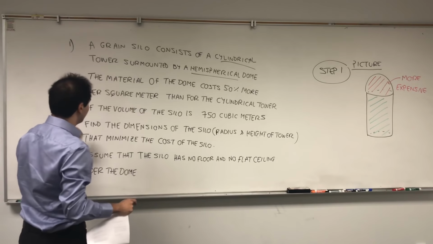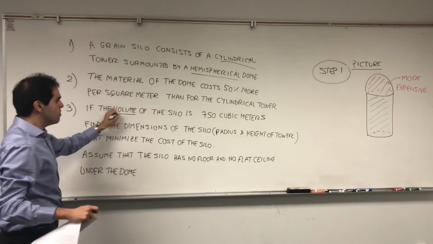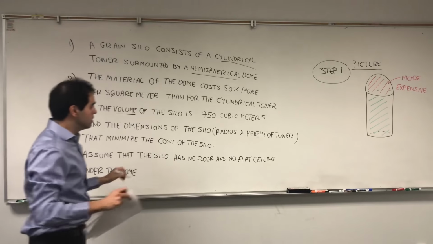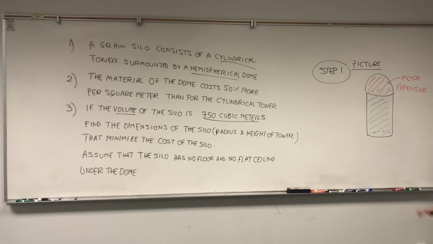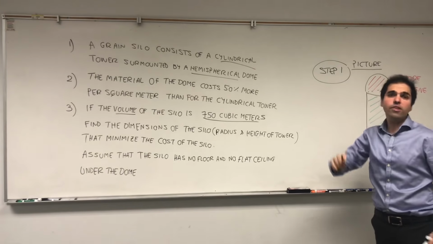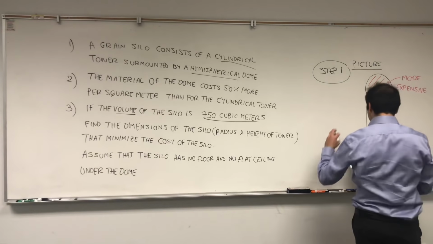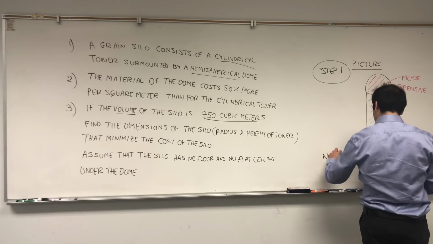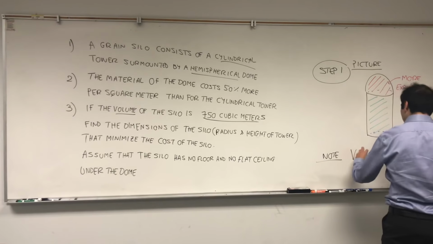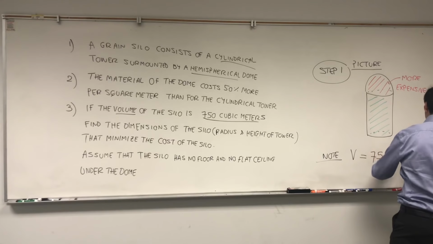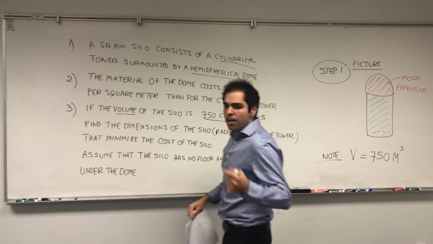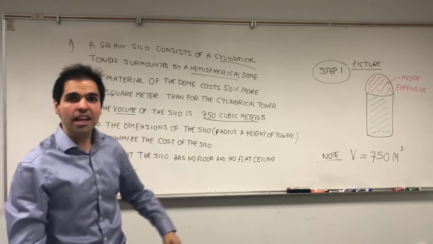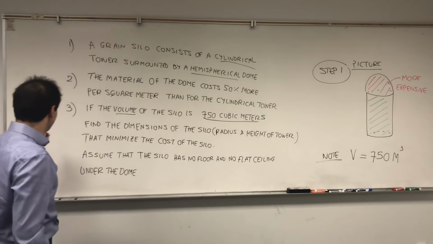Then the next piece of information, we know some information about the volume. So the volume is 750 cubic meters. That's also important information, but something we'll use later. So just right now, just note this as a note. We know that the volume is 750 cubic meters. Again, right now it doesn't help us because it still doesn't tell us what we have to do.